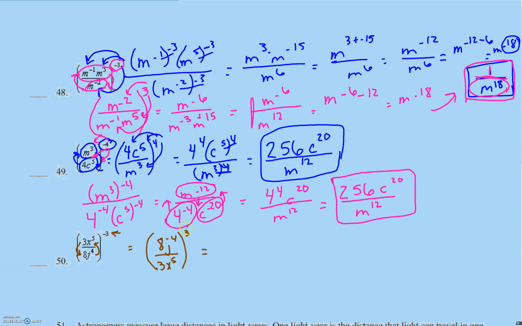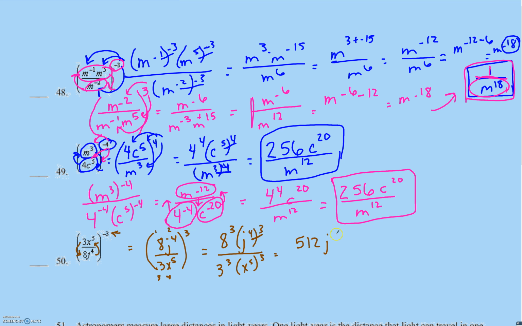Now, I take that exponent to all my pieces. I have 1, 2, 3, 4 things that are either being multiplied or divided. So I take that 3 as an exponent to each piece. 8 cubed, j to the 4th power cubed over 3 cubed, x to the 5th power cubed. 8 cubed is 512.